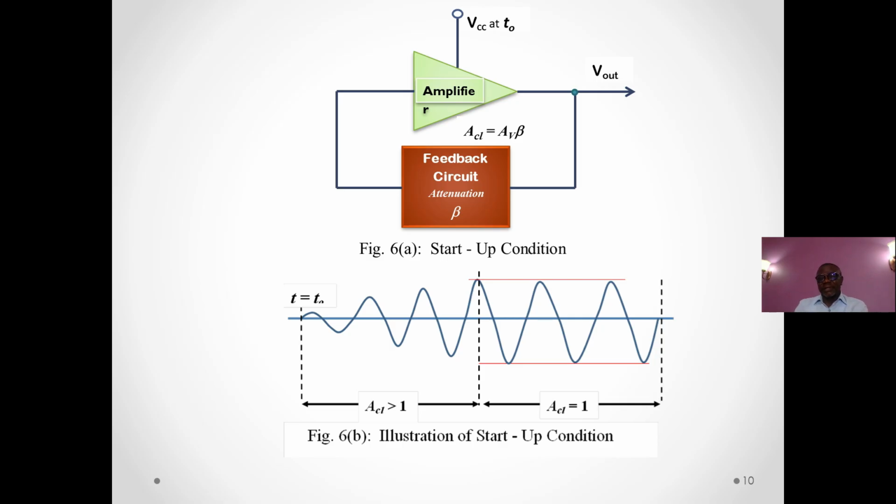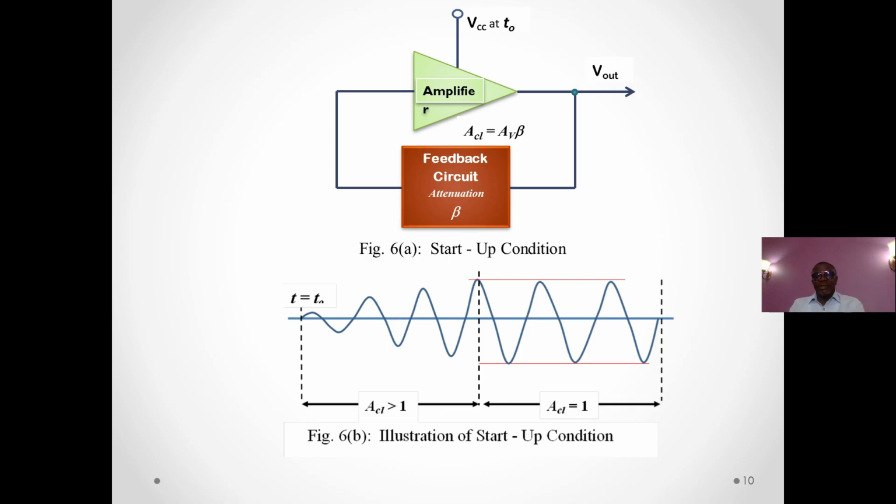When that gain is retained at unity, then the subsequent amplitudes remain the same. So you now tap from that place, and you have a constant amplitude signal that is no longer fluctuating.